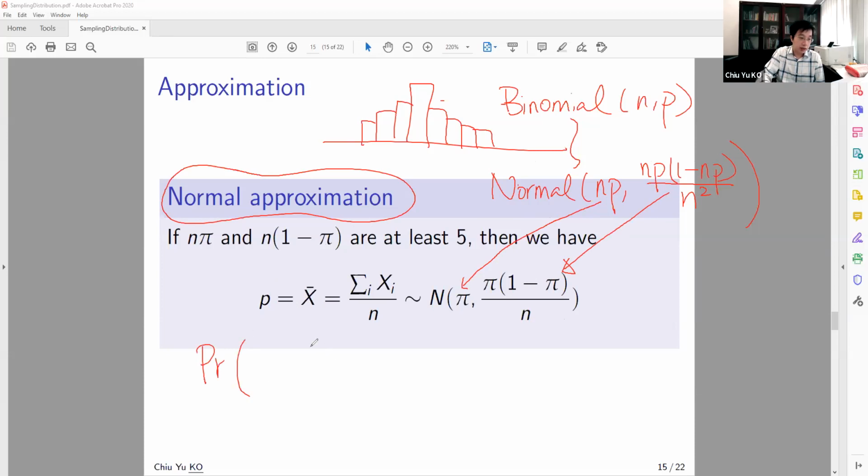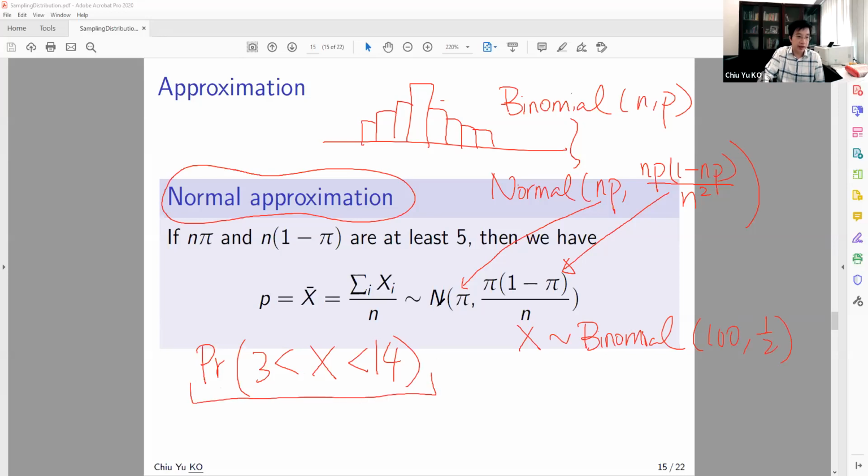If the question asks X is binomial, and X is between, say, 3 and 4, or 13 and 14, suppose X has a binomial of 100 with p one half, and you want to calculate this, it will be a very complicated task.